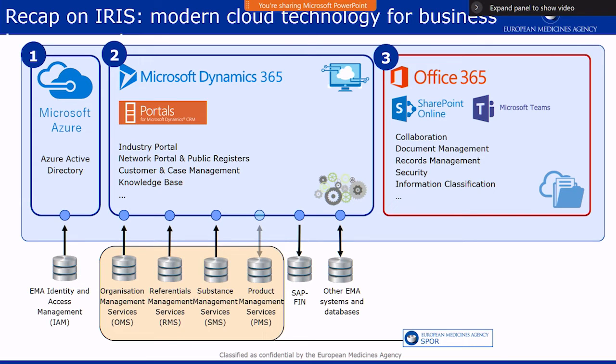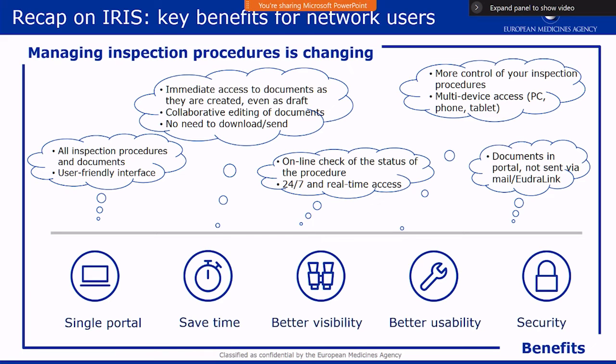We also have a connection with SAP Finance, of course, and with other EMA systems and database. And the third component is Office 365, and this is supporting SharePoint, so the document repository, as well as Microsoft Teams.